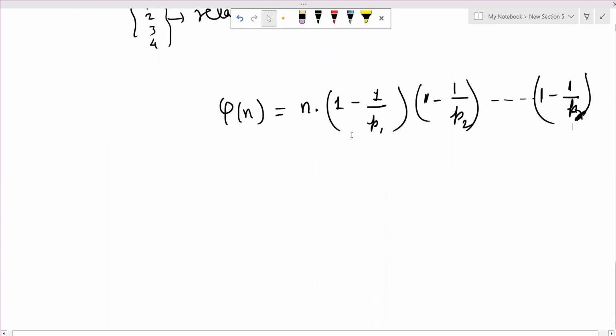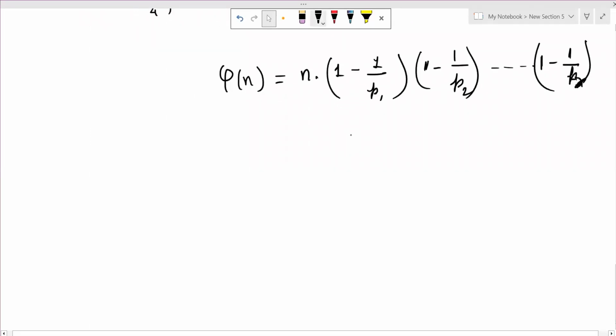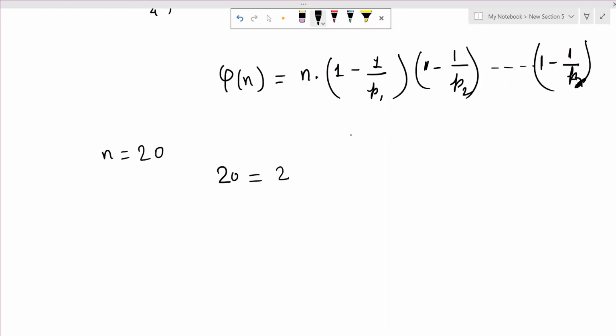So let me ask you how to compute, then it will be clear. Take n equals 20. Tell me the prime decomposition of 20. How can you write 20? You should unmute yourself, otherwise you will not understand. 2 into 2 into 5, so 2 squared times 5. So how will you apply this formula to 20?